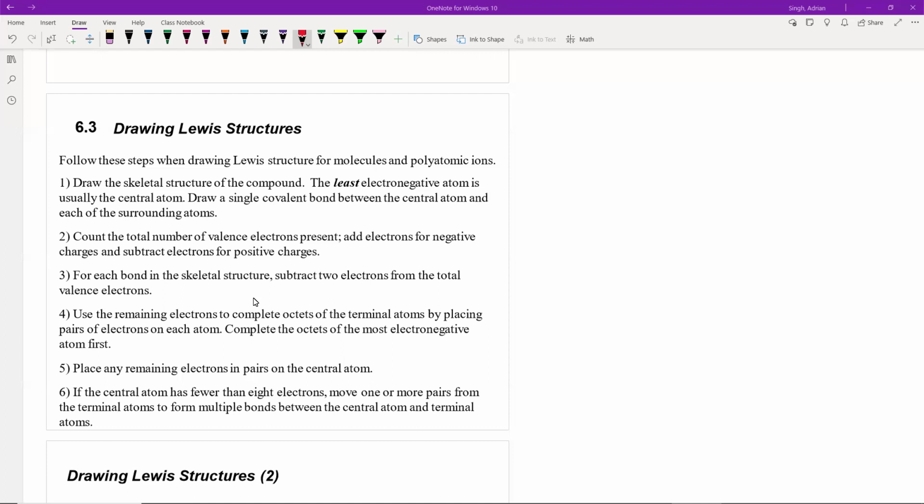The first thing that we want to do when we draw Lewis structures, because it's all based on the valence electrons, and Lewis structures are based on Lewis dot symbols, which use valence electrons, is to first of all count how many total valence electrons we have. We can use the periodic table to determine that. There are a couple extra things that we need to consider.